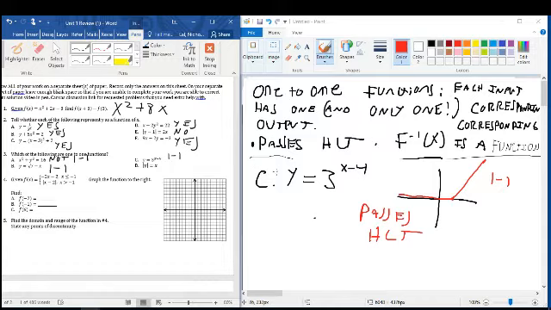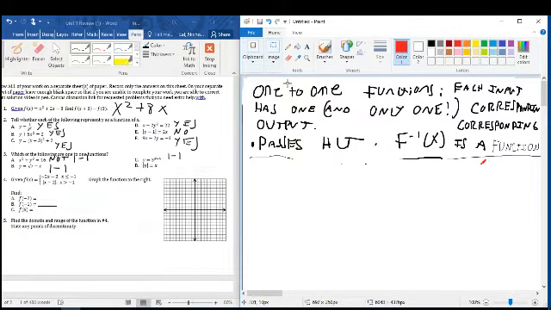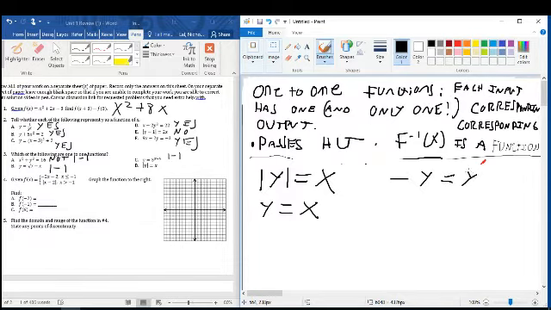And the last one is the absolute value of y equals x. That gives us two statements. One is y equals x, and the other is negative y equals x, which means that y is equal to negative x. So when we graph that, it's going to have two lines, both at the origin.